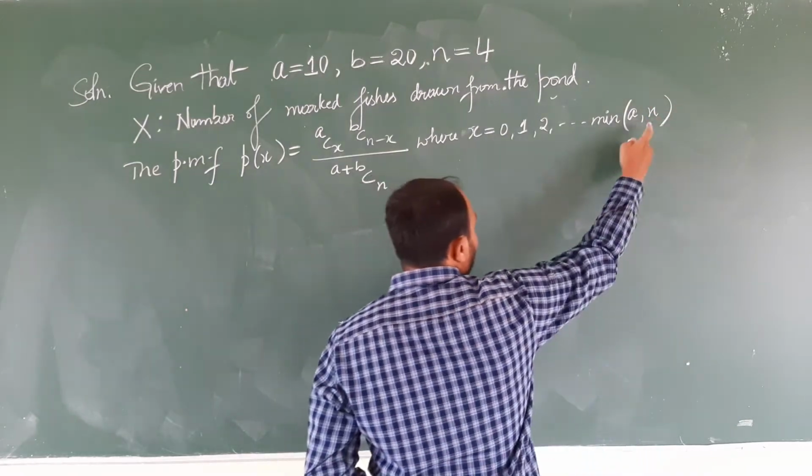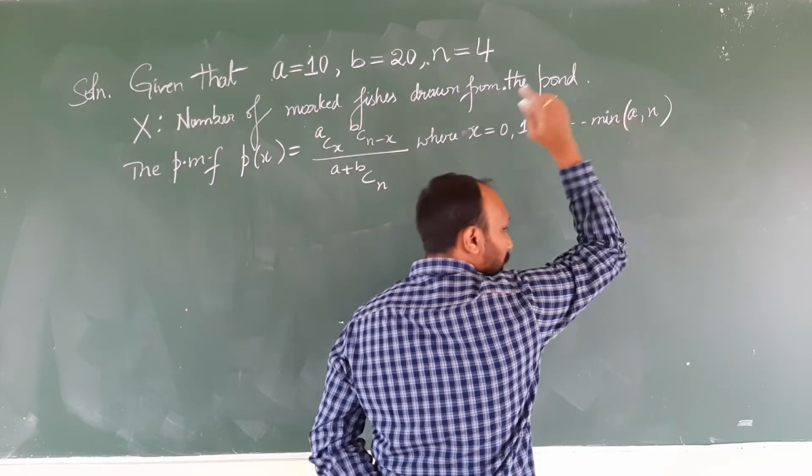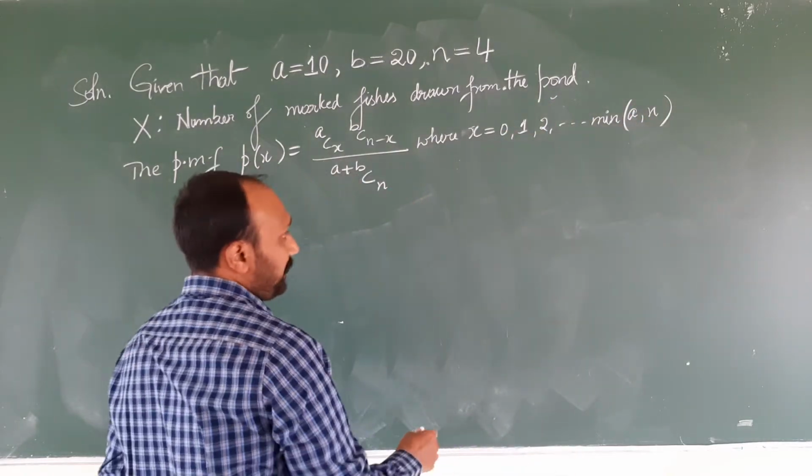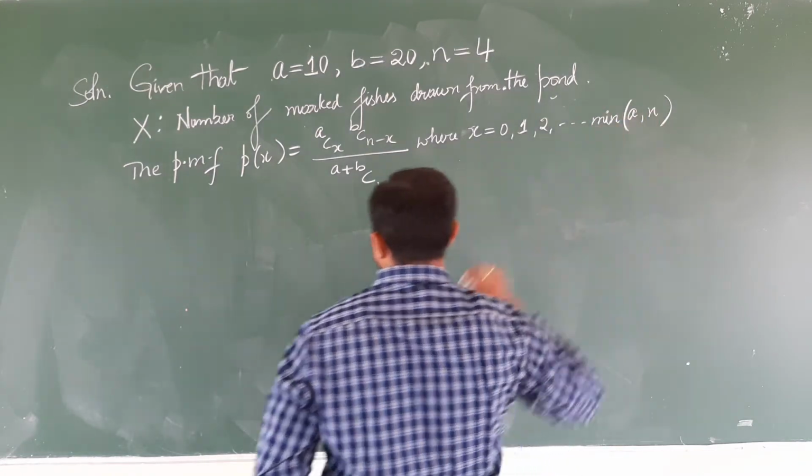Minimum it can take n units, but there are totally A units present within the population.